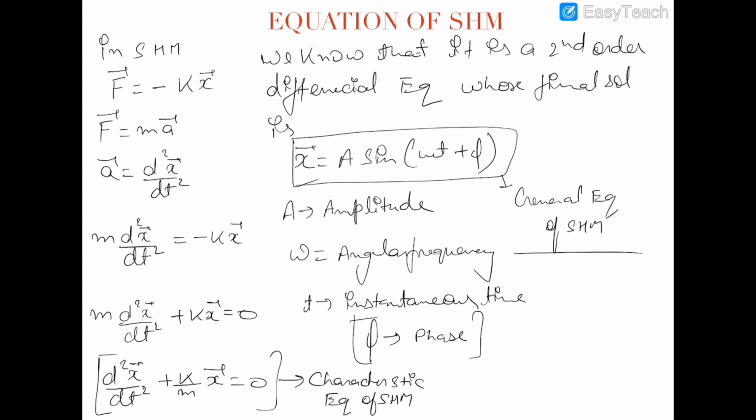So conclusively, what we have learned in this video is that in SHM a force acts on a particle which is proportional to the linear power of the displacement of that particle from the mean position. This kind of motion is known as simple harmonic motion, or SHM.